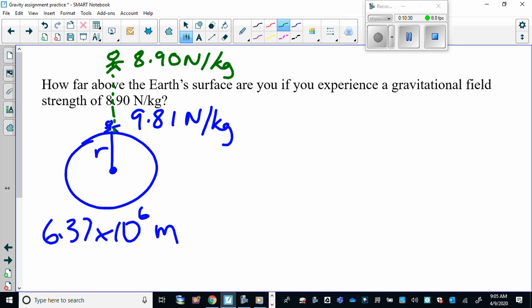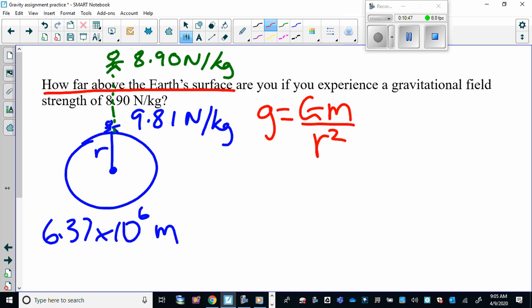All right. So which formula can we use for this one? We're talking about gravitational field strength. Little g equals big G times m over r squared. And what are we solving for in this question? How far above the Earth's surface? So we're solving for the radius. So we'll manipulate this formula for the radius.